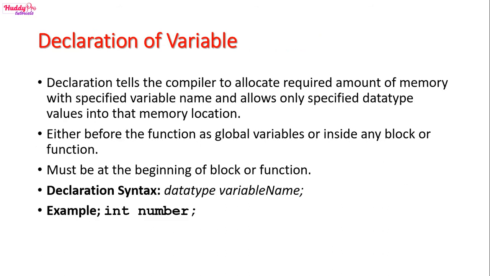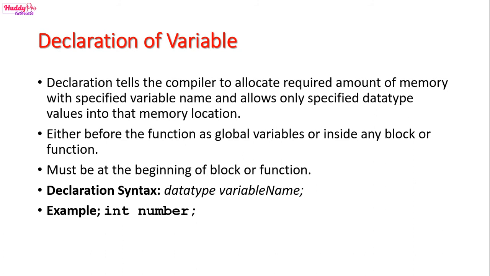Declaration of a variable. Declaration of a variable simply tells the compiler to allocate a required amount of memory with specified variable name, and it allows only specified data type values into that memory location. So in C programming language, the declaration can be performed either before the function as the global variables, or you can even declare inside any block or inside any function.